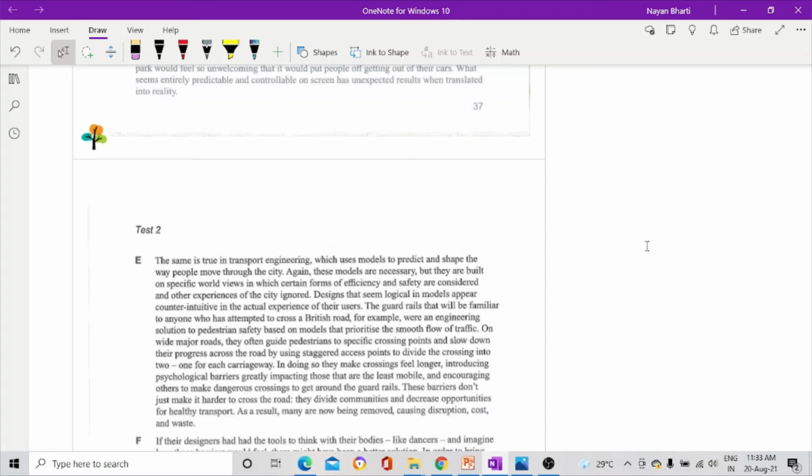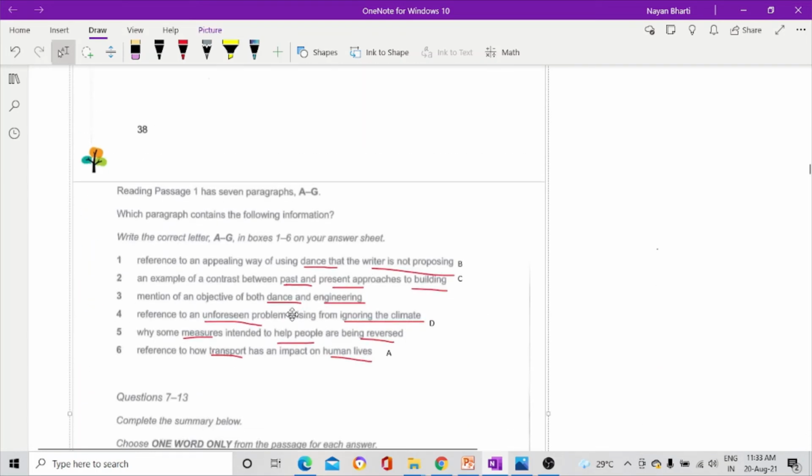Got engineering solution to pedestrian safety based on a model that prioritizes something related to engineering is mentioned over here. And let's read the question first, and can we relate something to this? Reference of this engineering, but they are saying mention of an objective of both.